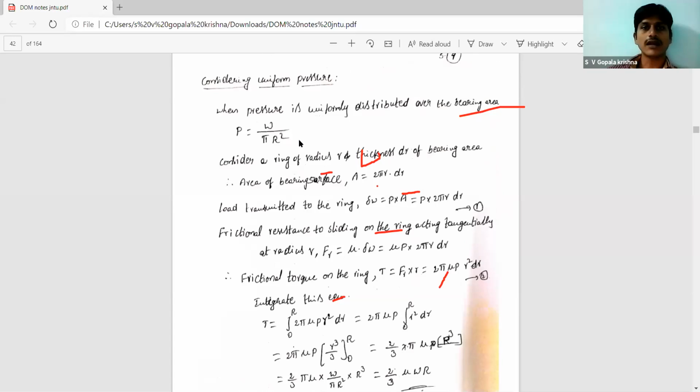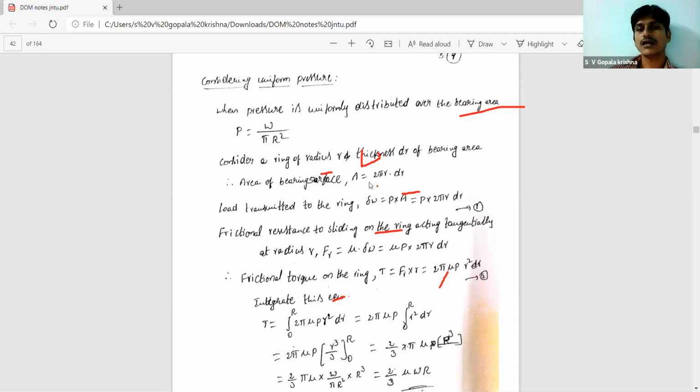First, we write the pressure acting on the bearing surface, that is P equals W by pi r square. Later, consider a ring of radius r. That means we consider one small ring or one small strip, and calculate the strip area.